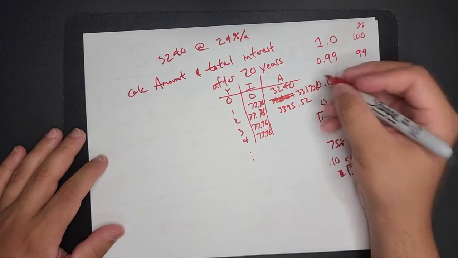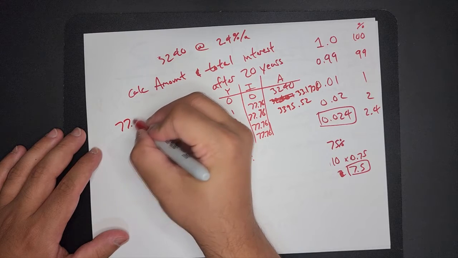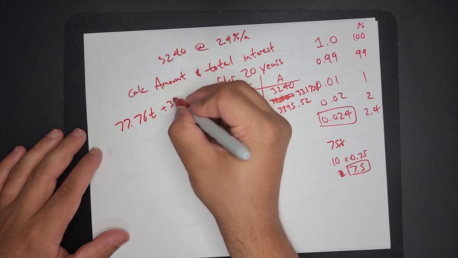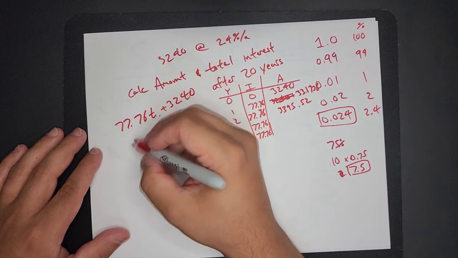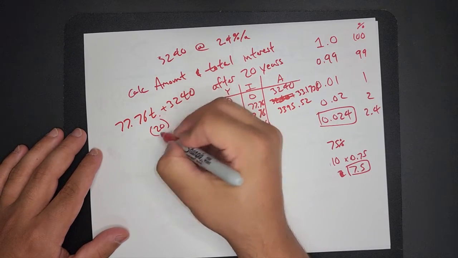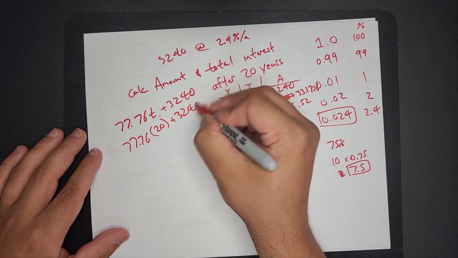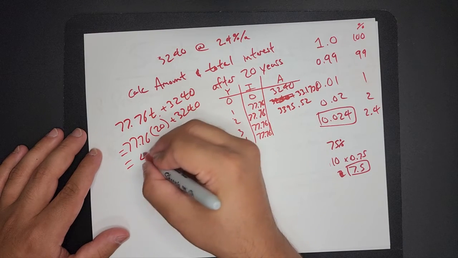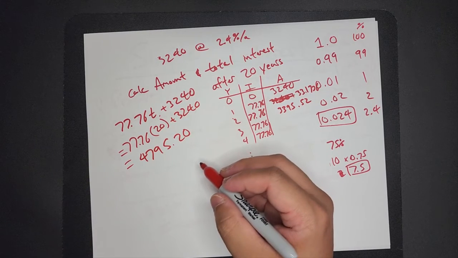Or you could come up with a formula, which is 77.76 times t plus 3240. And if you plug in 20 for t, then you get 4795.20.